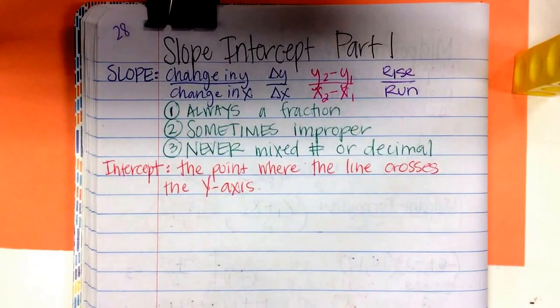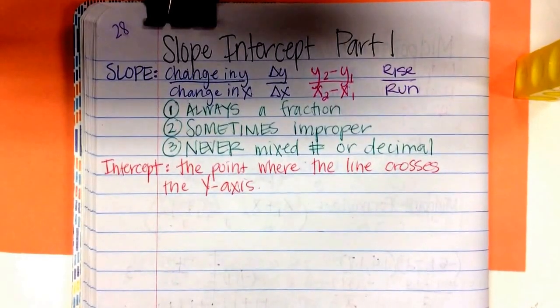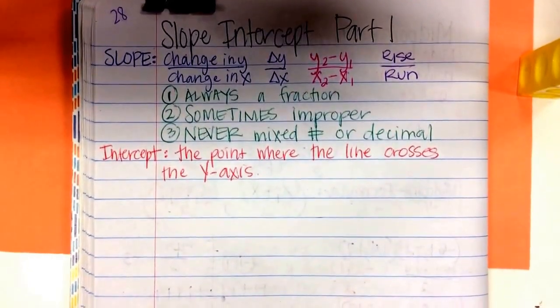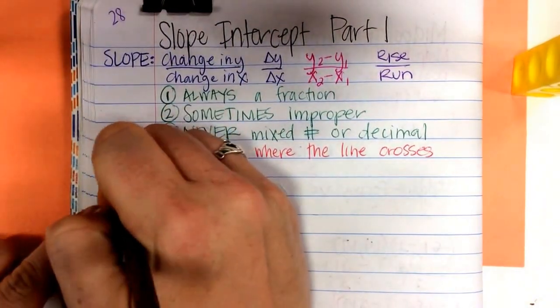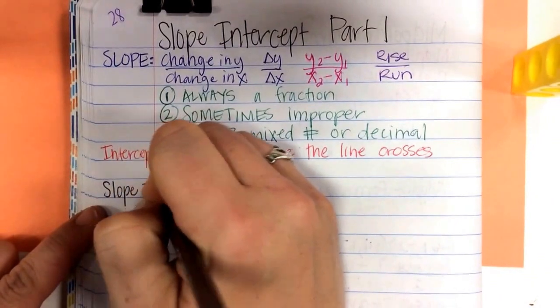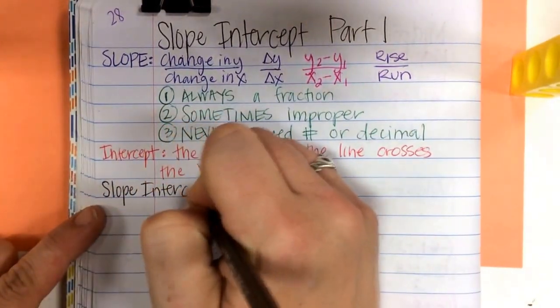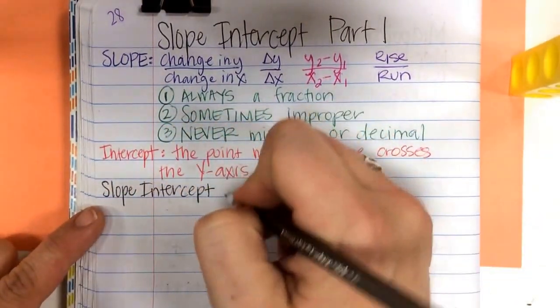So today on your homework, you're going to be asked to graph some information. But before we graph, we need to talk about slope-intercept form. Hold on, we're not gluing yet.